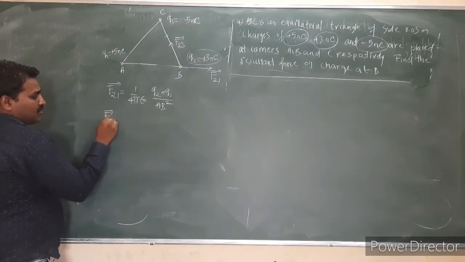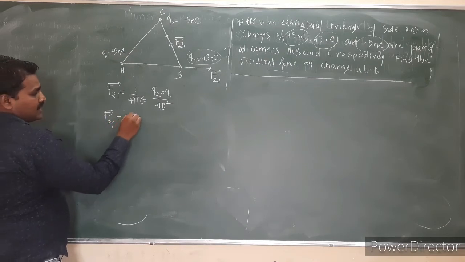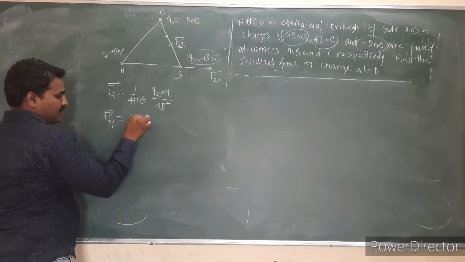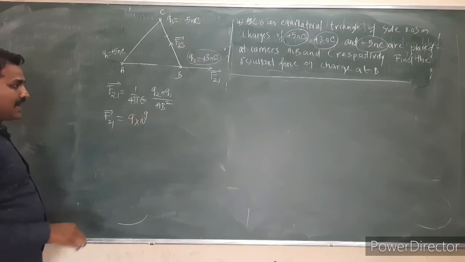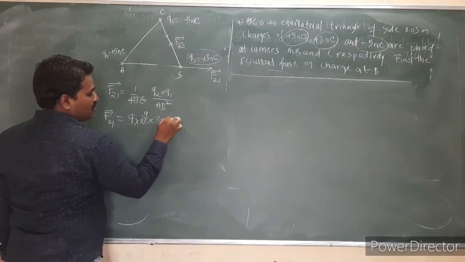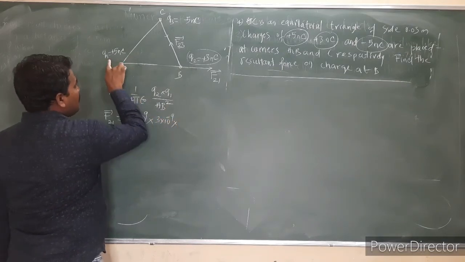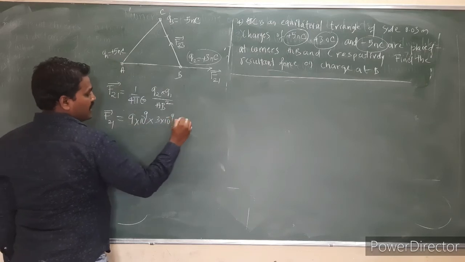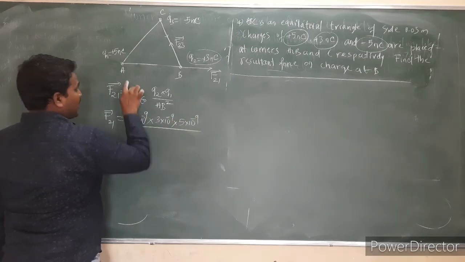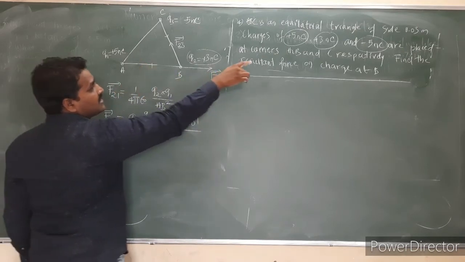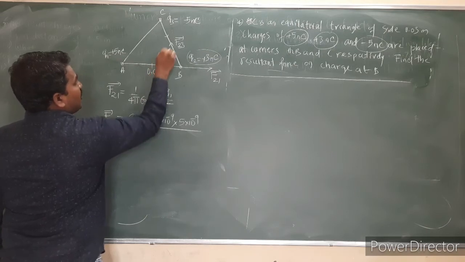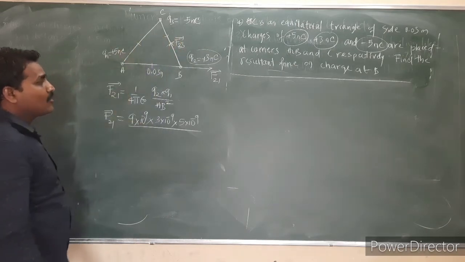So when I substitute the values, F21 is 1 by 4 pi epsilon naught, or you can simply write 9 into 10 to the power 9, into Q2, which is 3 into 10 raised to minus 9, into the magnitude of charge Q1, that is 5 into 10 to the power of minus 9, whole divided by the distance squared. The distance is given to be 0.03 meters, and all sides are equal since it is an equilateral triangle.